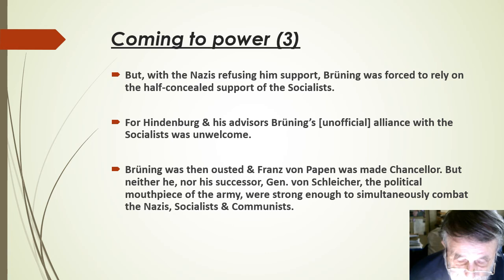But Hitler refused the offer of a subordinate position and denied von Papen Nazi votes in the Reichstag. The army also rejected the idea of a military dictatorship presided over by von Papen, since according to its political mouthpiece, General von Schleicher, it was not strong enough to simultaneously combat the Nazis, the socialists, and the communists.